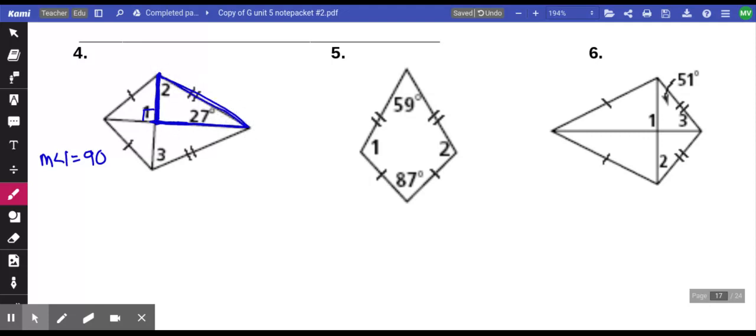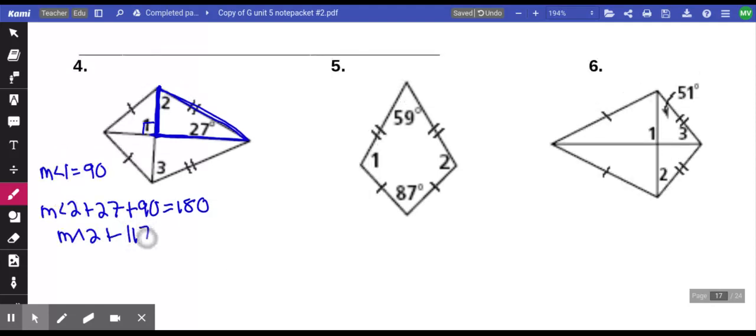So I'm going to say the measure of angle 2 plus 27 plus 90 equals 180 because that blue is a right triangle. So that's the measure of angle 2 plus 117. Then subtract 117 from 180. I get that angle 2 equals 63.